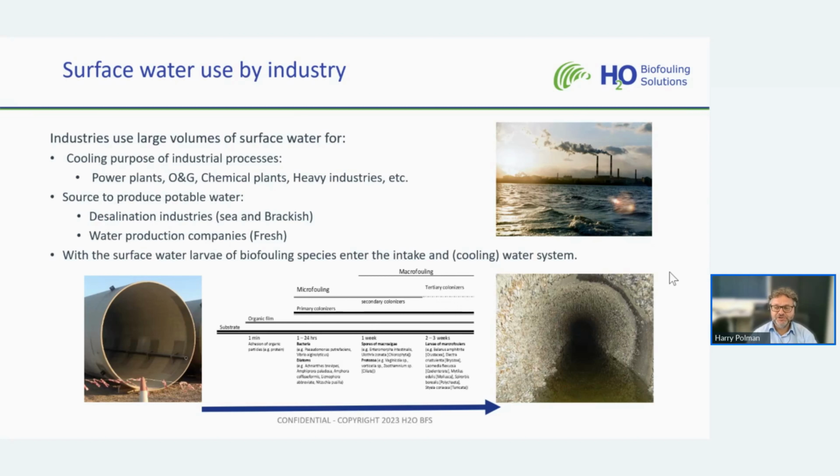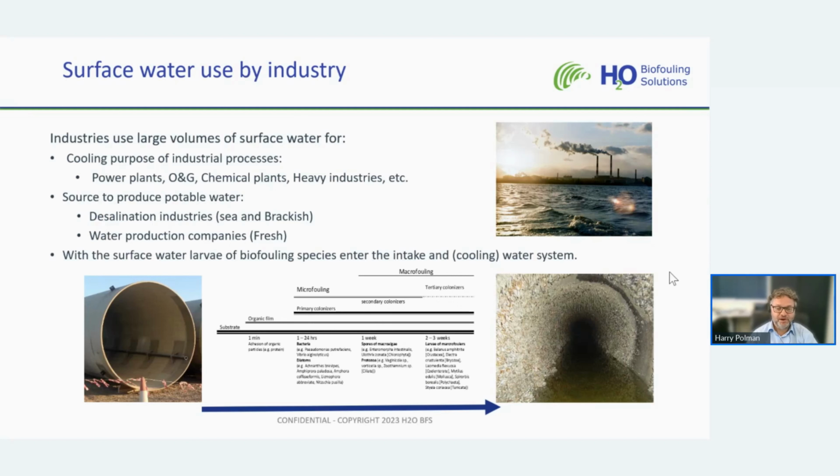And based on the conditions inside a cooling water system, a pipework, the conditions are actually ideal for these organisms to settle and grow. Now, if you look at the bottom pictures, you see a clean pipe. The rate of biofouling goes fast.